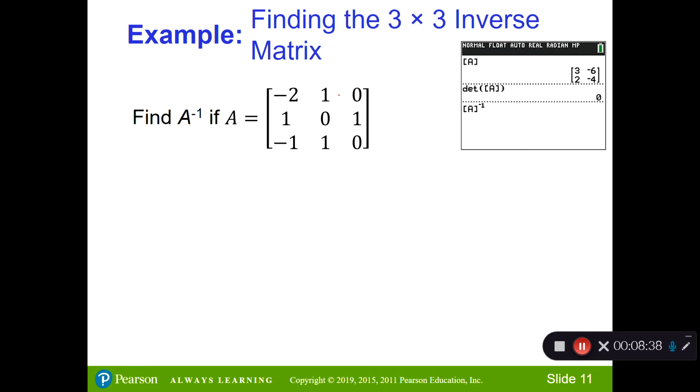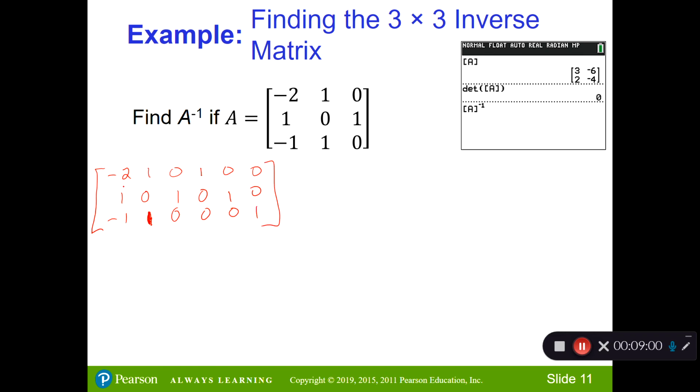All right, let's find this inverse matrix. So this one is a 3 by 3. So we're going to go negative 2, 1, 0, 1, 0, 1, negative 1, 0, and then put the identity on. 1, 0, 0, 0, 1, 0, 0, 0.